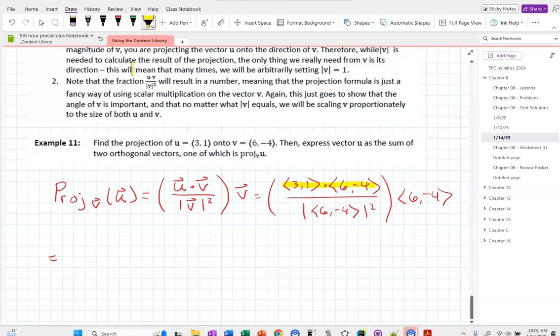To do a scalar multiplication, we start by doing the product of the x components plus the product of the y components.